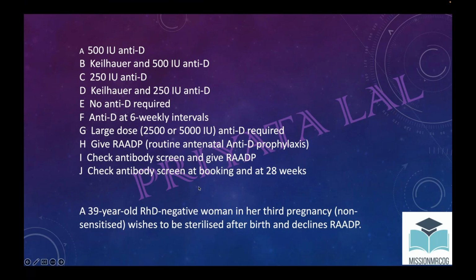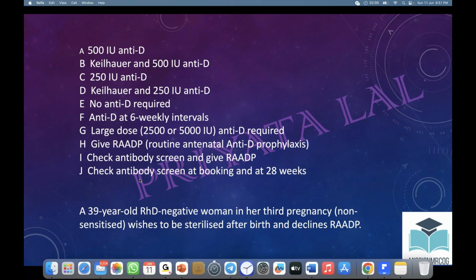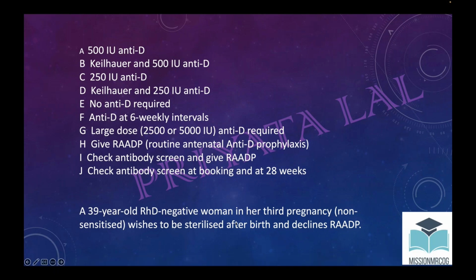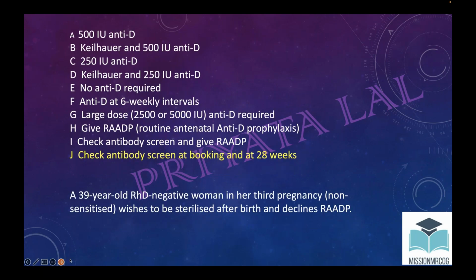Yes, but before that, you have to check the anti-D screen at 28 weeks. You have to check whether the antibodies are there or not first. So check the screen and booking anti-D, whether she is sensitized. Okay, they have given non-sensitized.